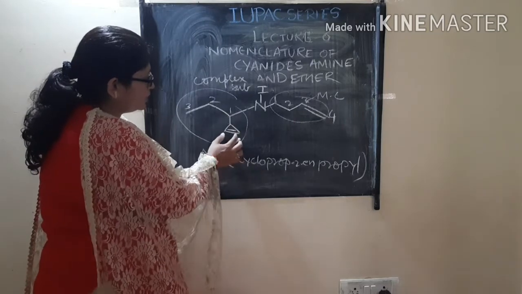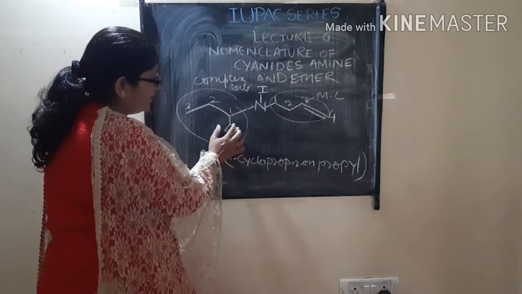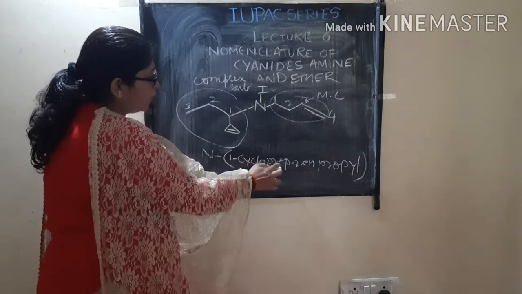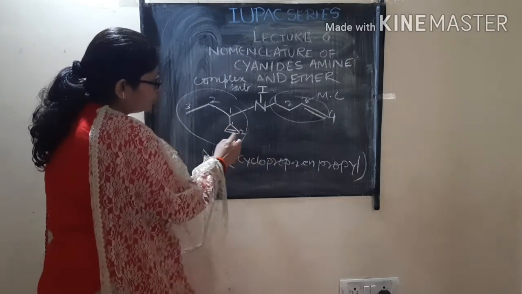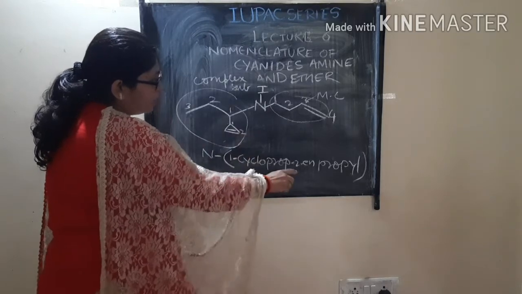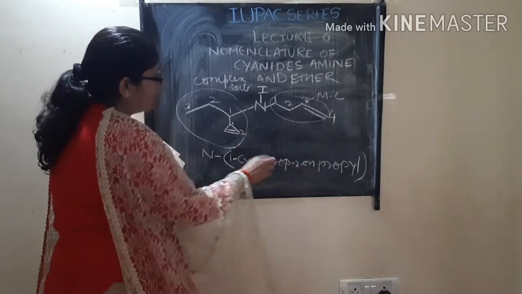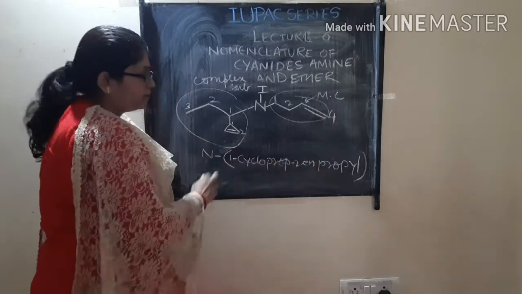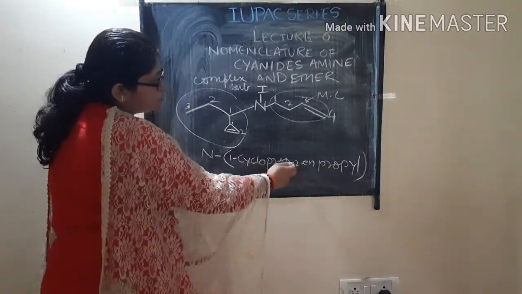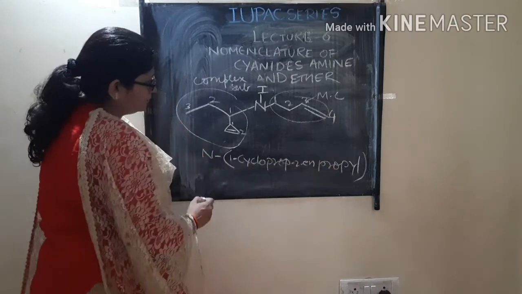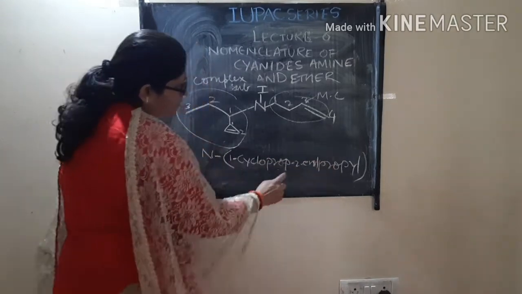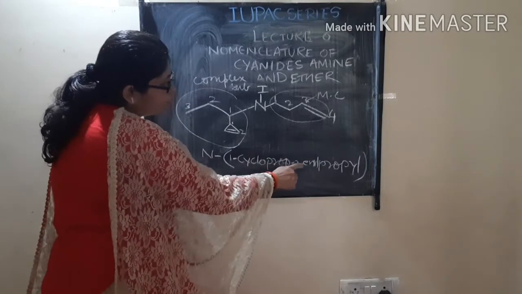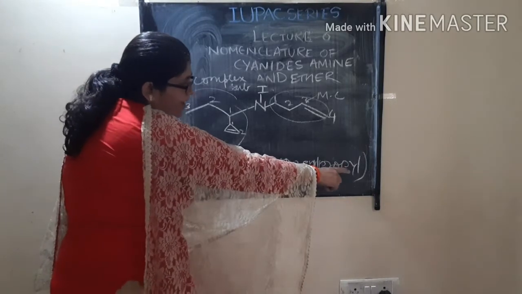At the first position you have the cyclopropane ring that has a double bond, so it will be 1-cycloprop. It will be 1 and 2, so at the second position you have this double bond, so 2-en. And then this is 1, 2, 3, propyl. This will be 1-cycloprop-2-enylpropyl.